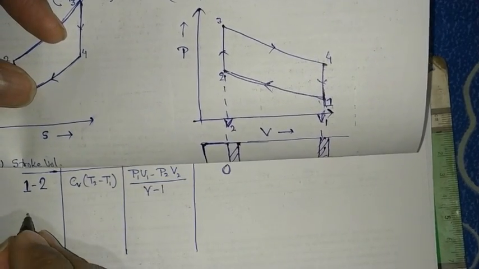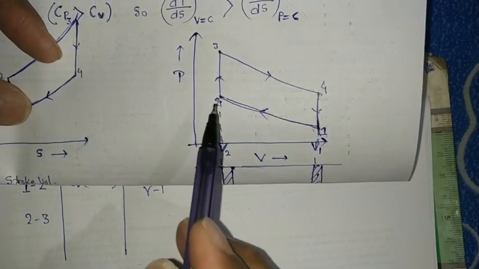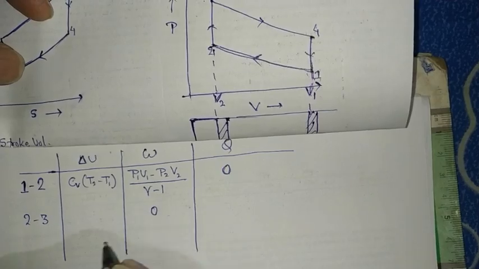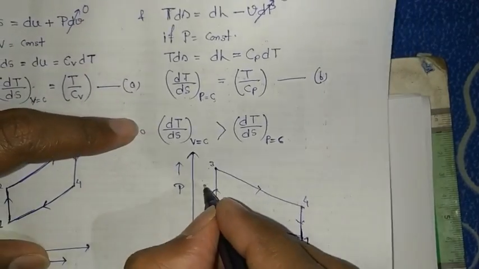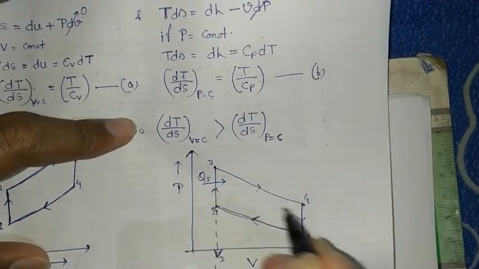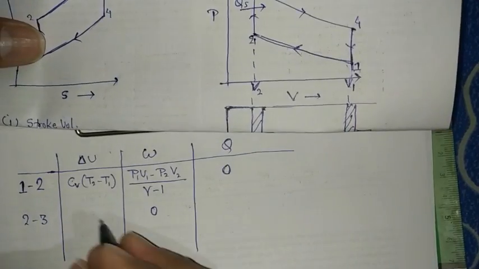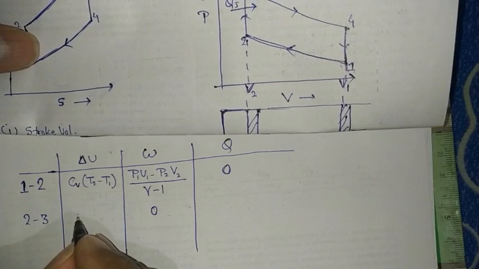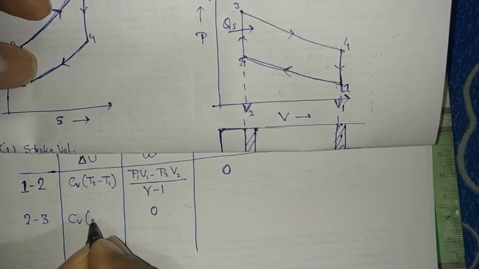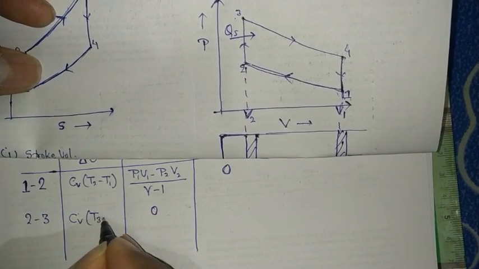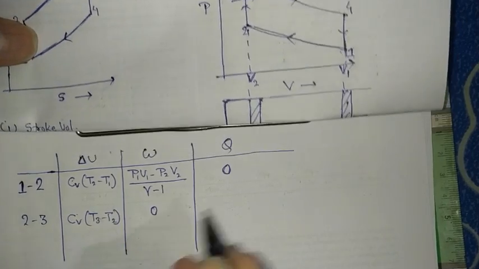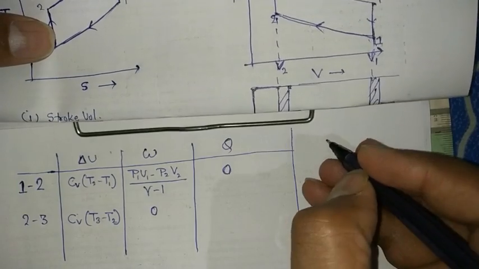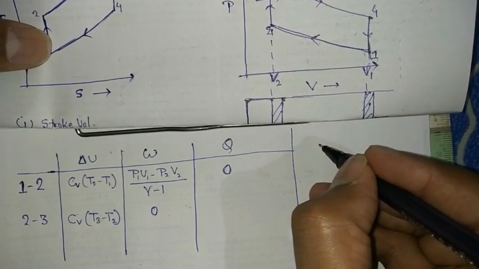Then for process 2 to 3, we can see that it is constant volume, so work done will be 0. Heat is being added in process 2 to 3, Qs. So delta U will be Cv (T3 minus T2). And for calculating delta Q, you can apply the first law of thermodynamics.